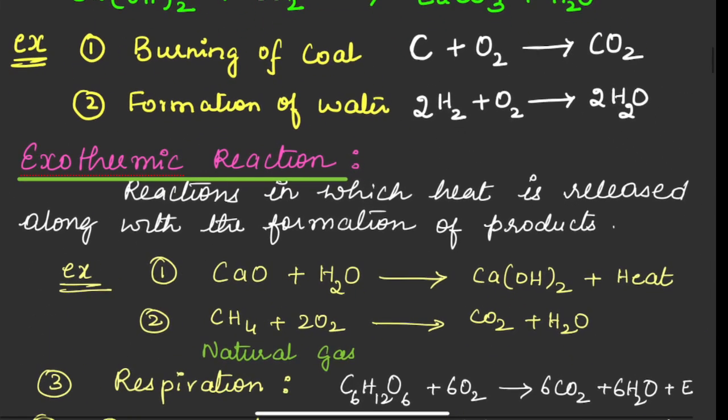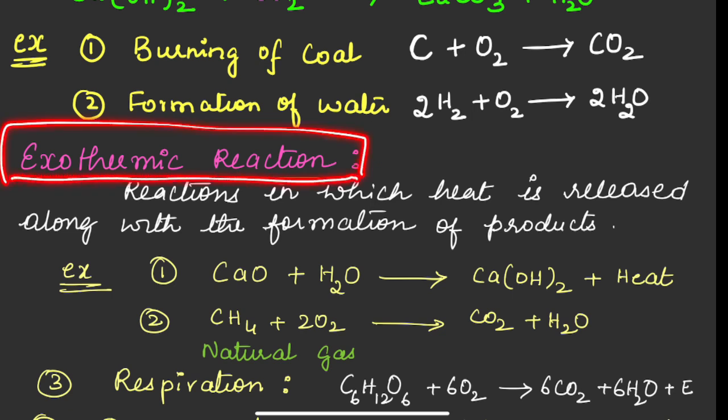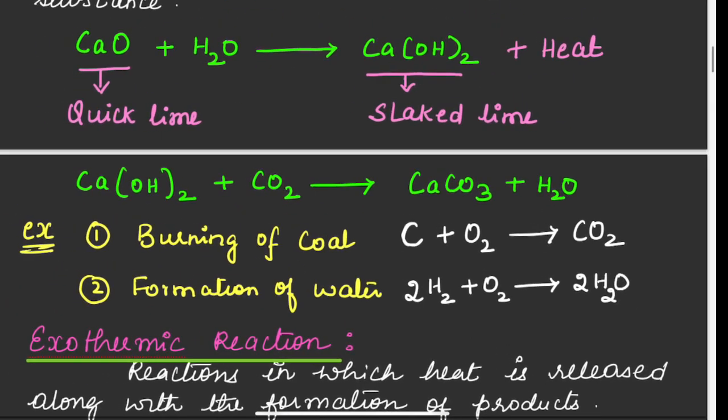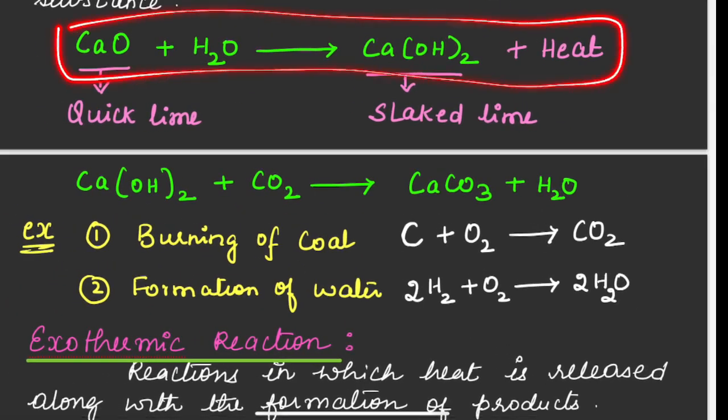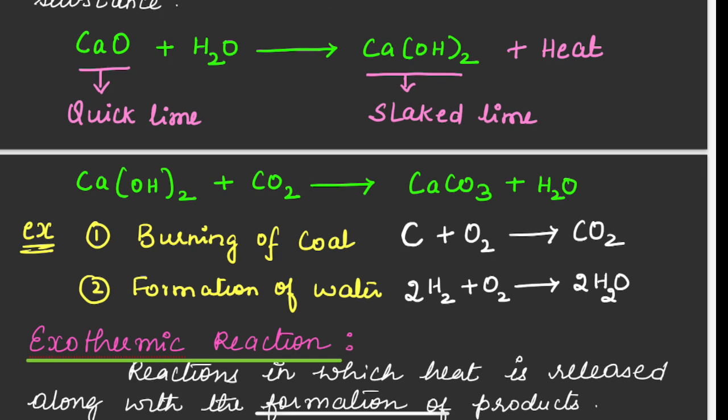Next is exothermic reaction. That is, combination reactions are usually exothermic in nature. What is the meaning of that? Here we have studied this first reaction. See here, during this reaction, you can see heat is given out. If heat is given out in a reaction, it is called exothermic reaction.